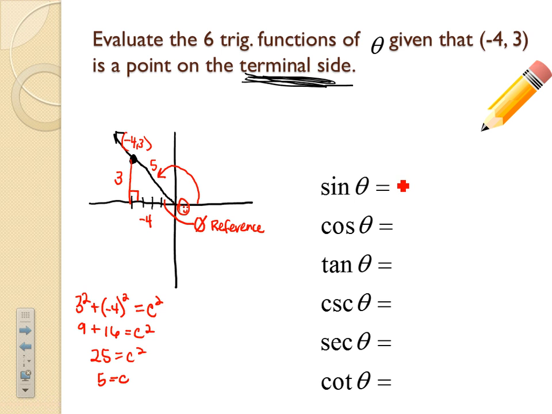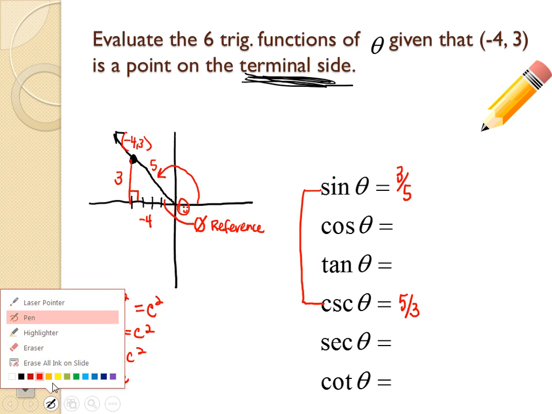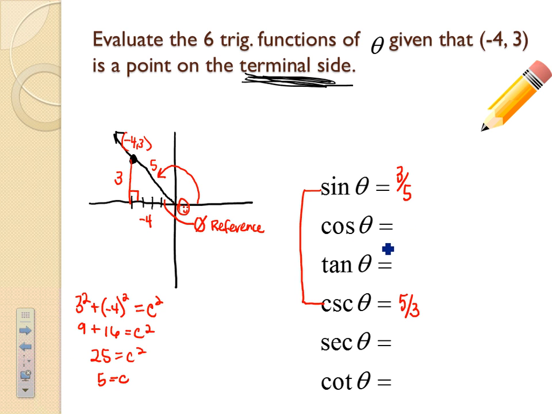Remember, sine is opposite over hypotenuse, so that would be 3/5. Remember, cosecant is the inverse, so that would be 5/3. I can do cosine, which is adjacent, which is -4/5 over hypotenuse. And I know cosine and secant are inverses of each other, so it would be 5/-4.